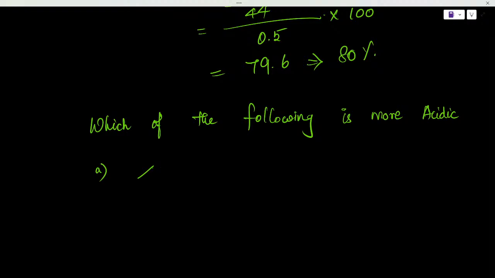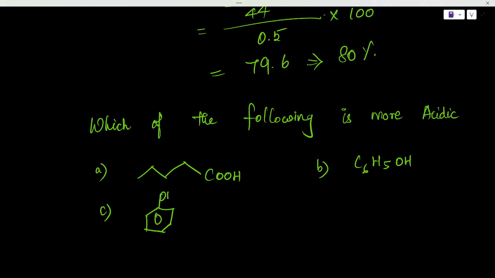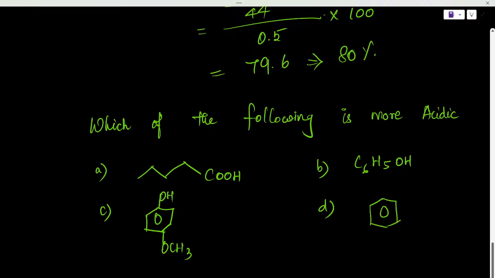The first compound is with carboxylic acid, the second one is phenol, the third one is OCH3, the fourth one is with a nitro group.